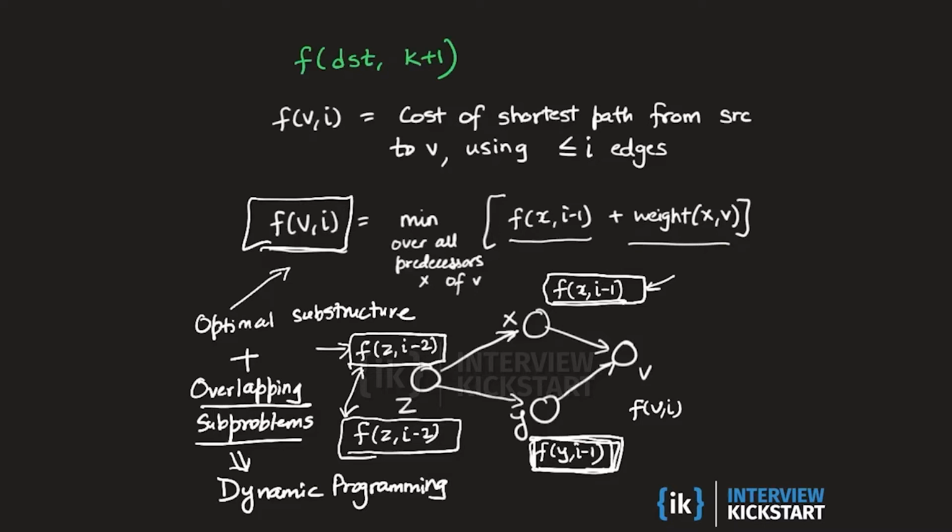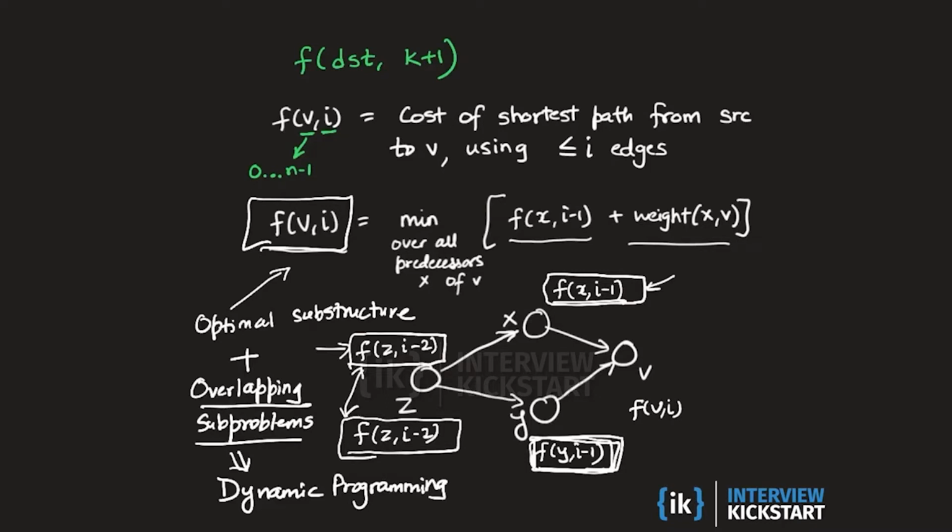So how many unique subproblems are there? If we look at the first parameter v, let's assume that the vertices are in the range from 0 to n minus 1. So there are n cities in the graph that are given to us. Their IDs are from 0 to n minus 1. The second parameter is the number of hops.